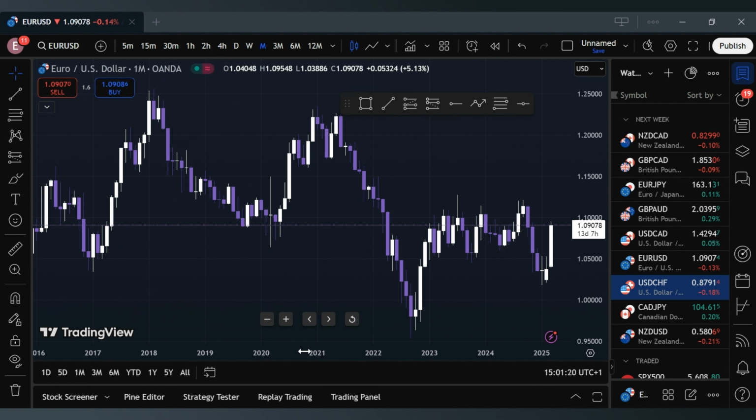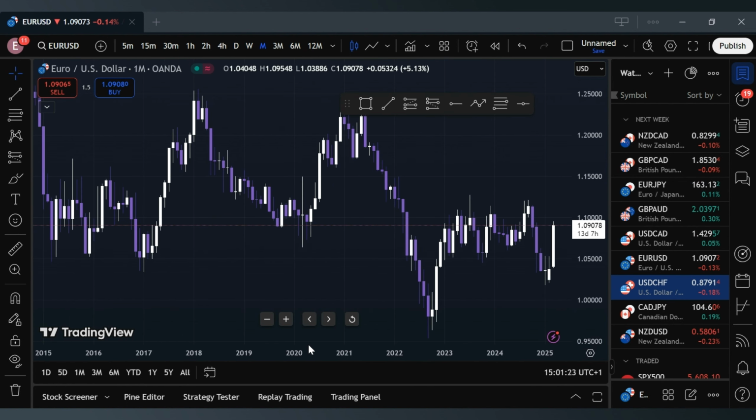This is on the monthly time frame. To get the best support and resistance zones, I personally focus on the higher time frames, which are the daily, weekly, monthly, 3 months, and the 6 months time frames, depending on what I see. I focus on these because on the higher time frames you usually get higher chances and more valid support and resistance zones.